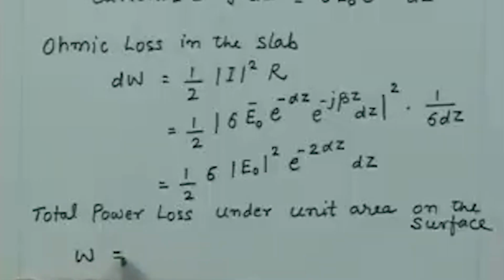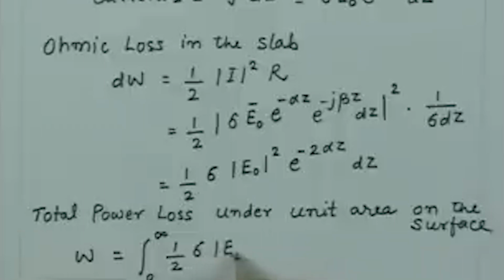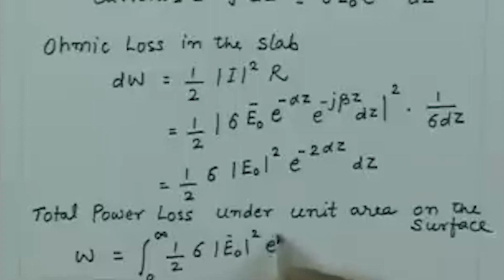So we get now the total power loss W, which is nothing but the integral of this from 0 to infinity, half sigma mod E 0 square e to the power minus 2 alpha z into dz.